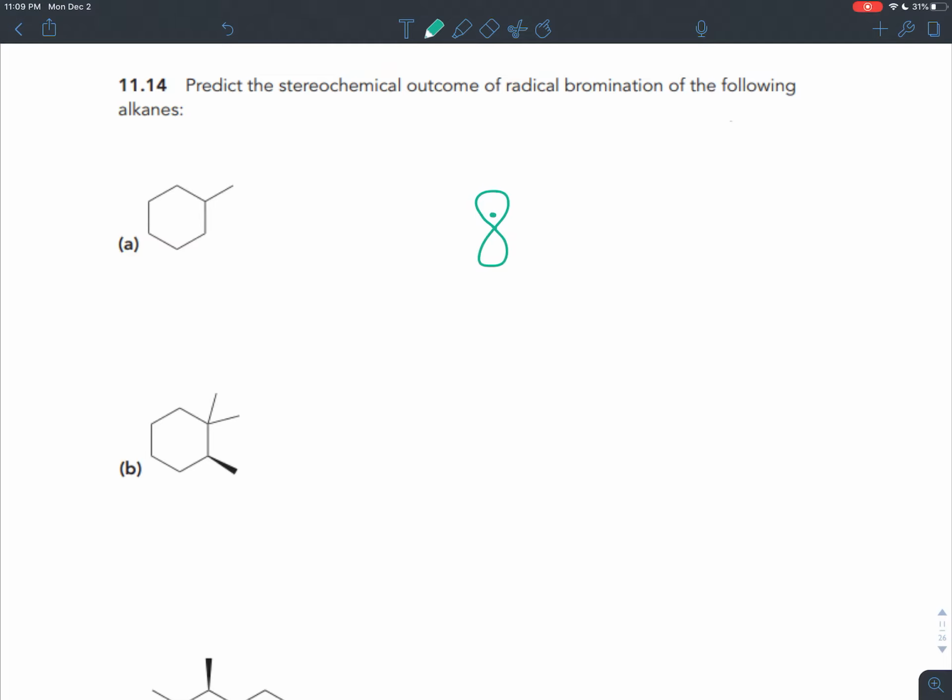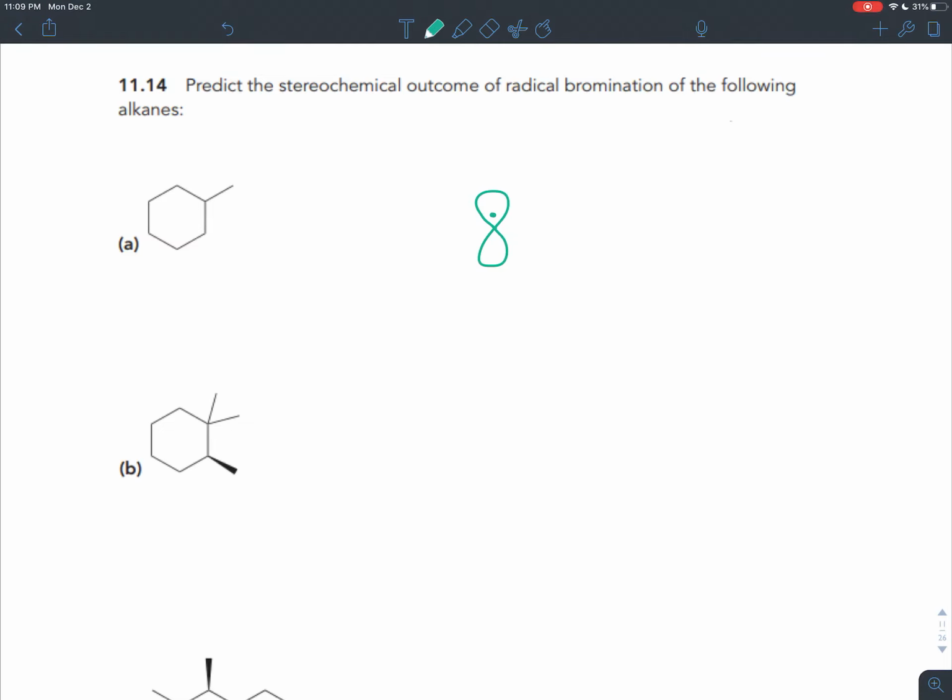Remember that carbon atom has 1 s orbital and 3 p orbitals. If it's using one of the p orbitals to hold the radical, then there are only 2 left to mix with the s. So it's sp2 hybridized. sp2 hybridized atoms are trigonal planar. So radicals are flat, they're planar. Radicals are trigonal planar, just like carbocations.